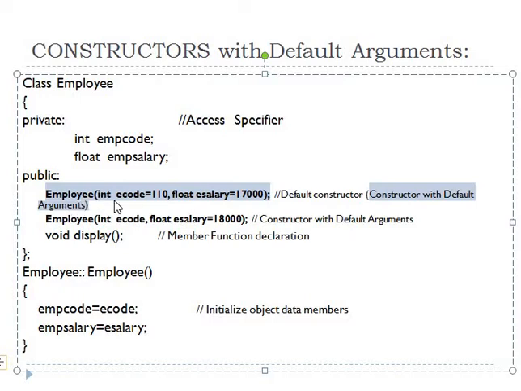Now in this case, since all the parameters eCode and eSalary have been assigned default values such as 110 for eCode and 17,000 for eSalary, this is also known as a default constructor in addition to being called a constructor with default arguments.